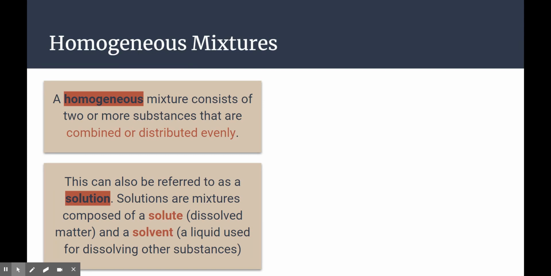A solution is a mixture that has a solute, which is something that is dissolved, and a solvent, which is whatever liquid was used to dissolve it. So salt water is an example of a homogeneous mixture, and it's also an example of a solution. The solvent is the water, and the solute is the salt, because the salt is what dissolves.